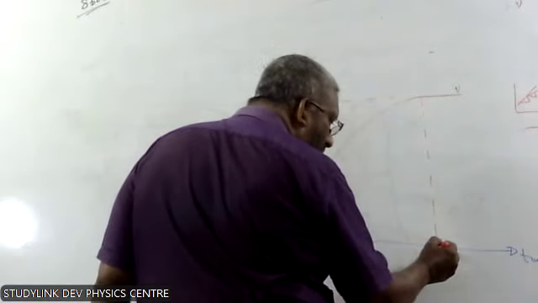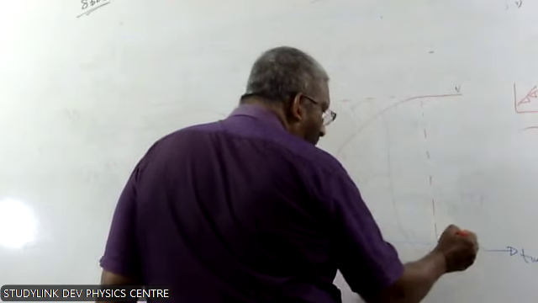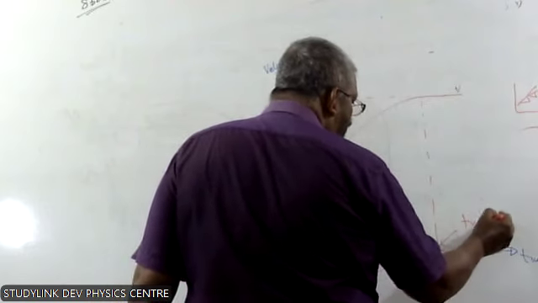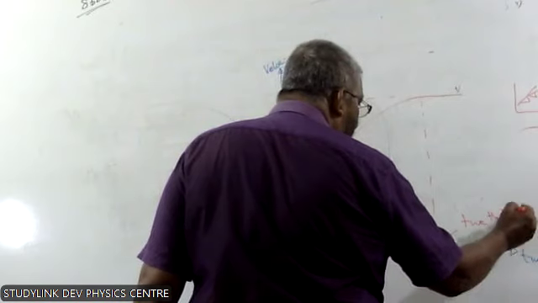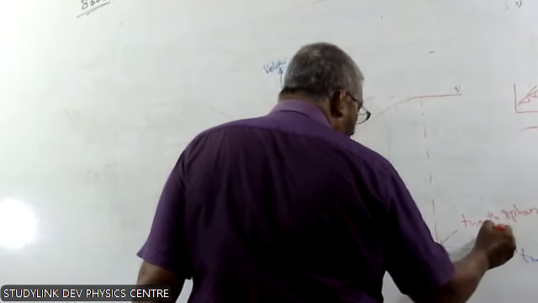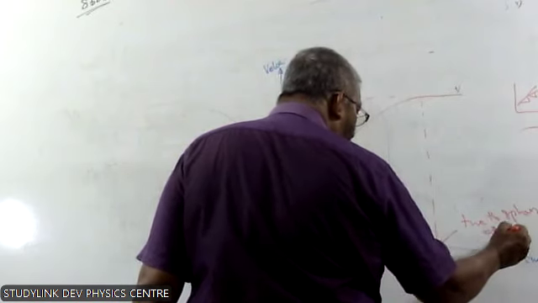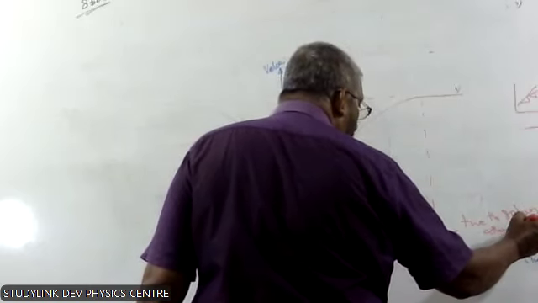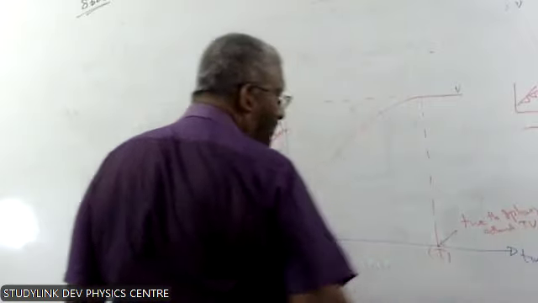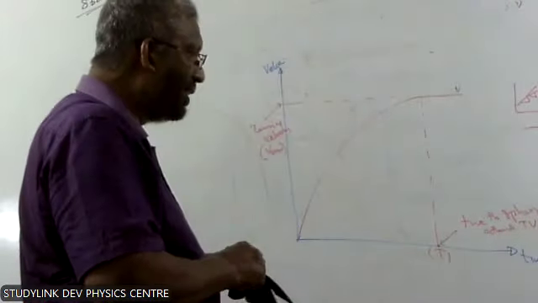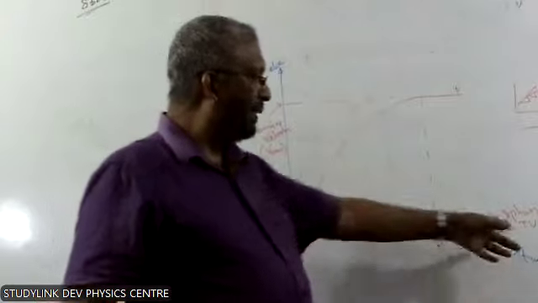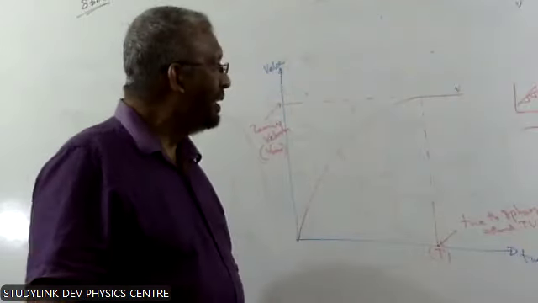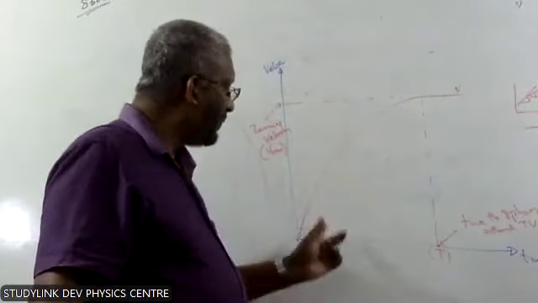This is the particular time the sphere attains terminal velocity. You better write terminal velocity just like a TV. So this is the graph.